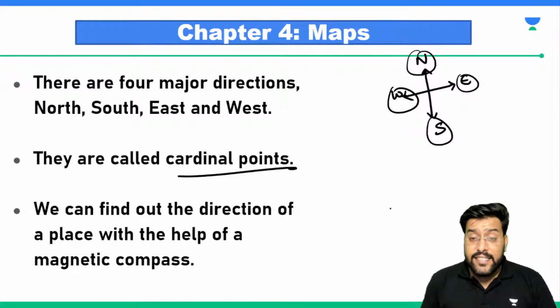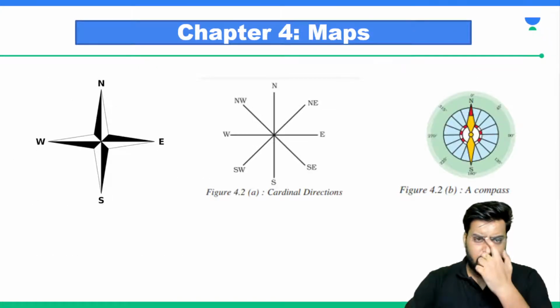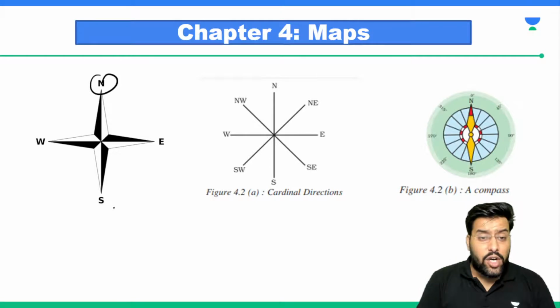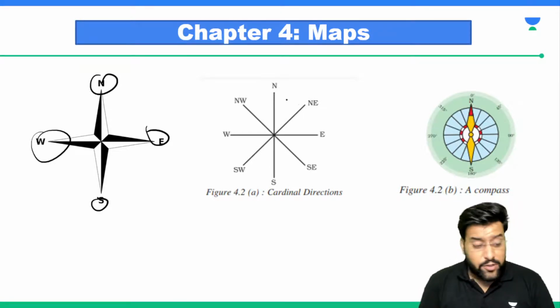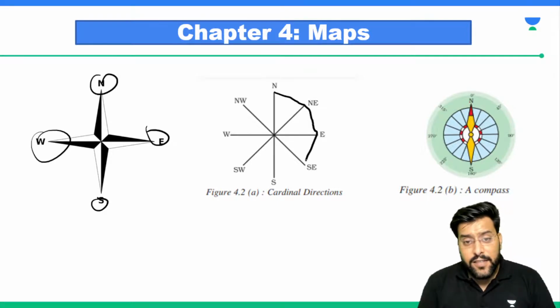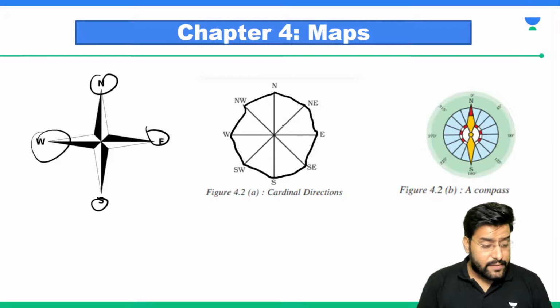These directions can be determined with the help of a device called a compass. We also have 4 sub directions. What are these? Northeast, southeast, southwest, northwest. Are we clear till here?